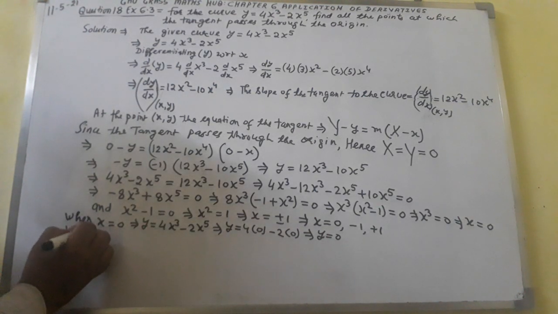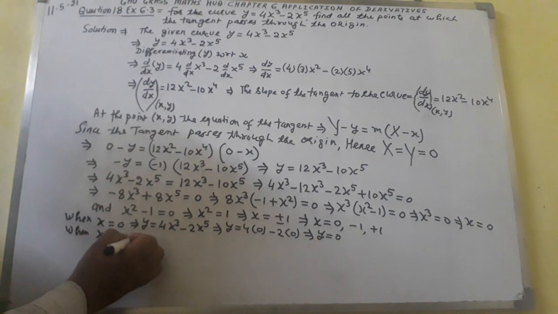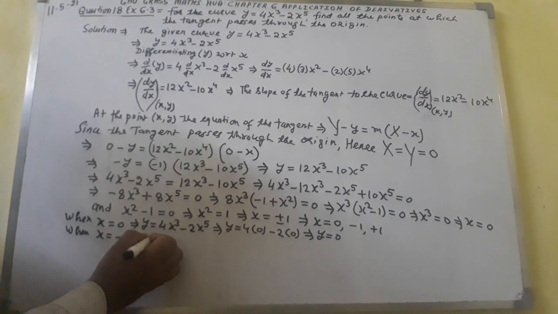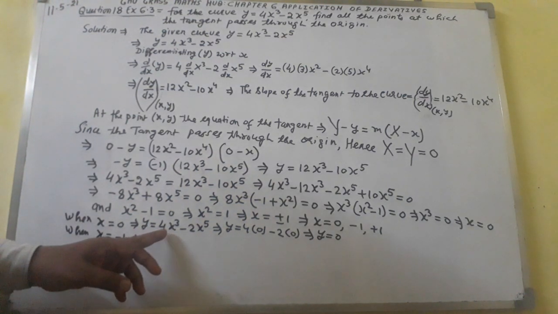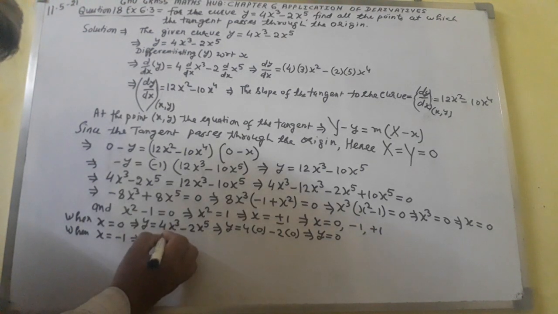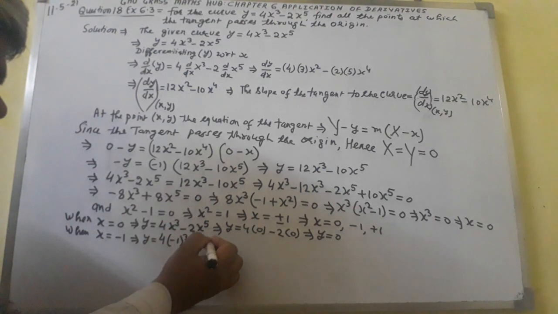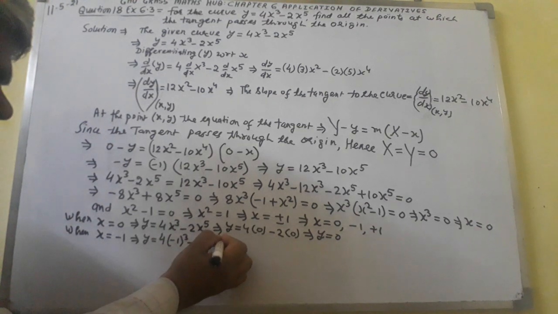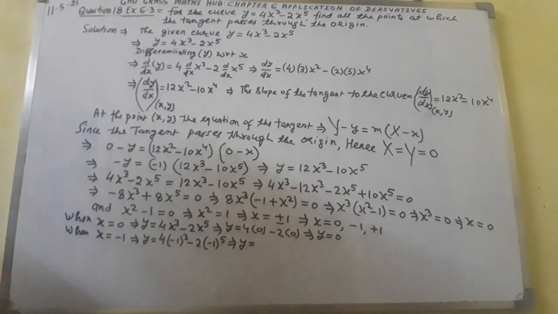When x is equal to minus 1, implies that y equal to, put here in place of x minus 1. So here I shall write 4 in bracket minus 1 raised to the power 3 minus 2 times minus 1 raised to the power 5.